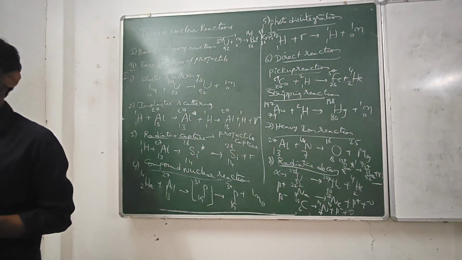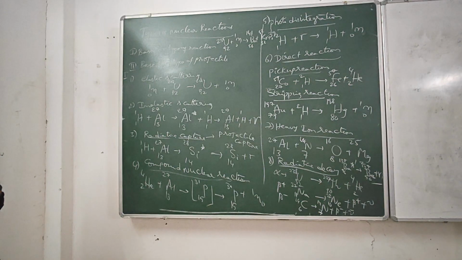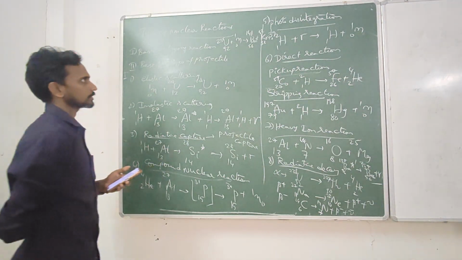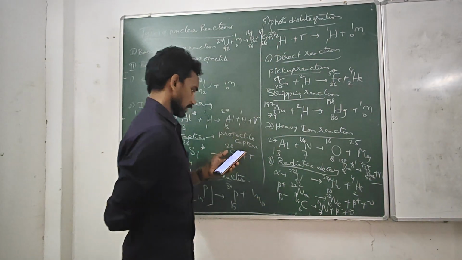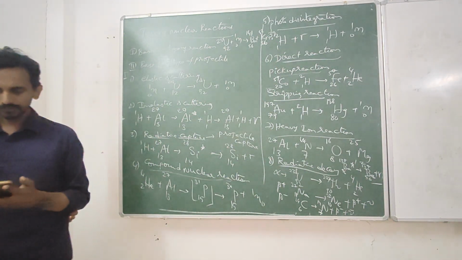Fission reaction: barium-141 56, krypton-92 36, 3 neutrons.